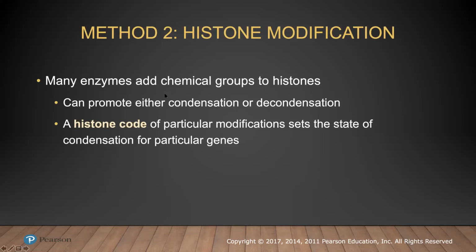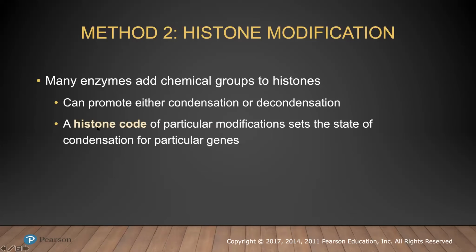Most often in the literature, people describe this as it can either turn a gene on or off. Decondensation would be turning a gene on because we're opening up that chromatin, and condensation would be turning that gene off.